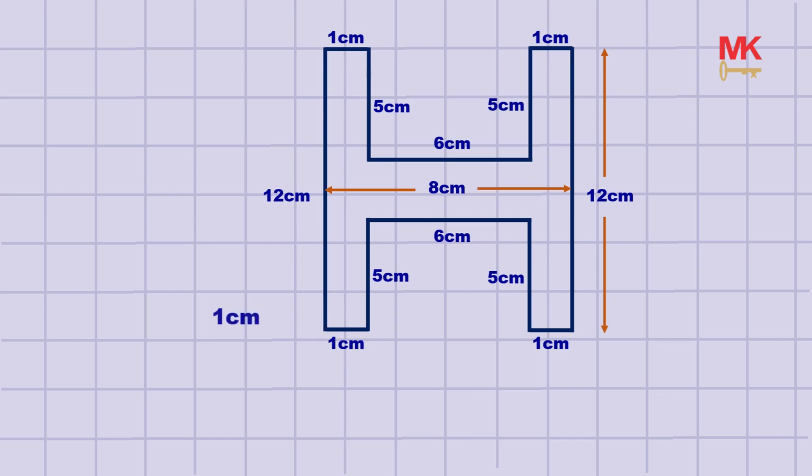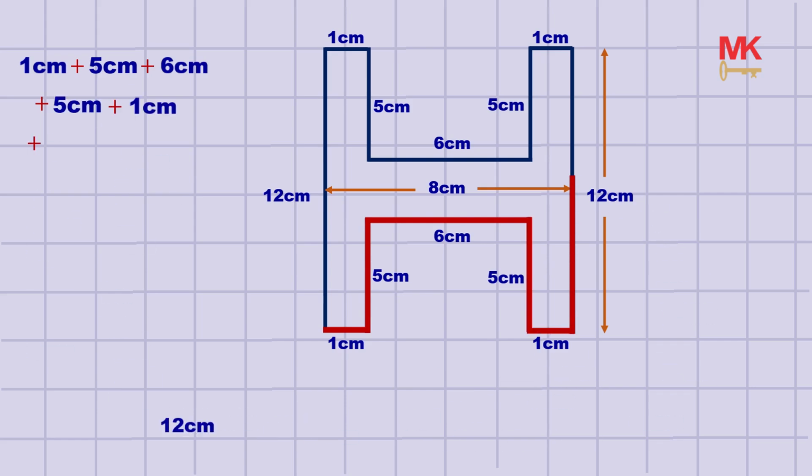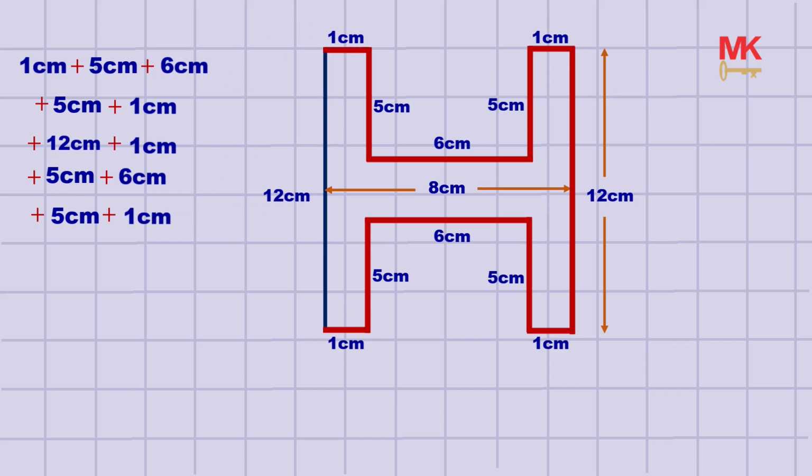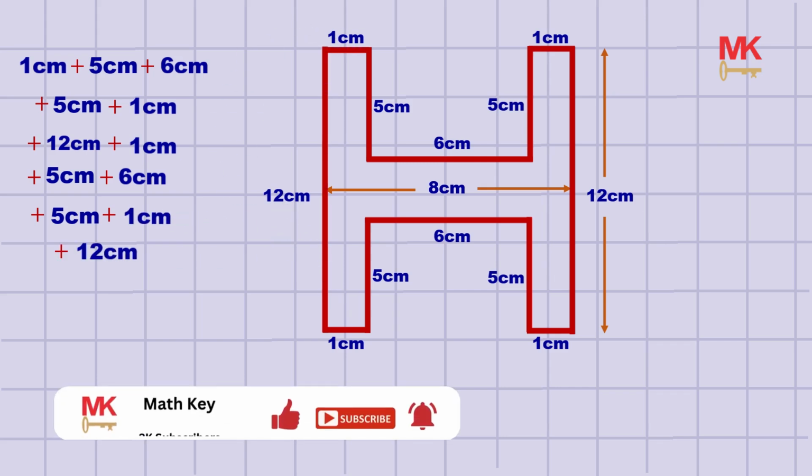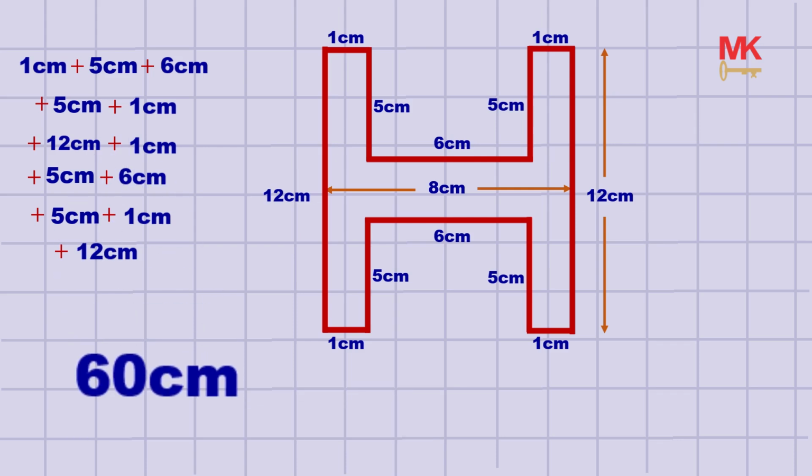Now let's add up. 1 centimeter plus 5 centimeters, plus 6 centimeters, plus 5 centimeters, plus 1 centimeter, plus 12 centimeters, plus 1 centimeter, plus 5 centimeters, plus 6 centimeters, plus 5 centimeters, plus 1 centimeter, plus 12 centimeters will give us the perimeter of the entire figure. Hence, the perimeter of this figure is 60 centimeters.